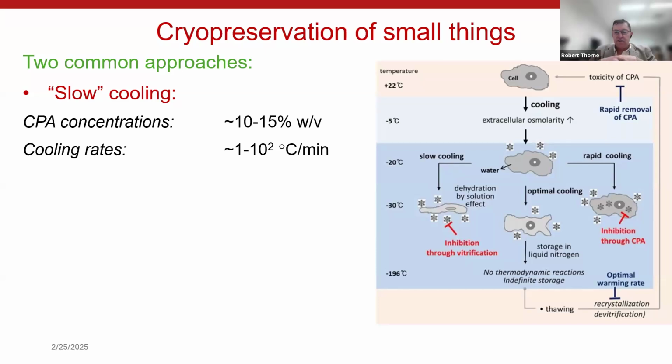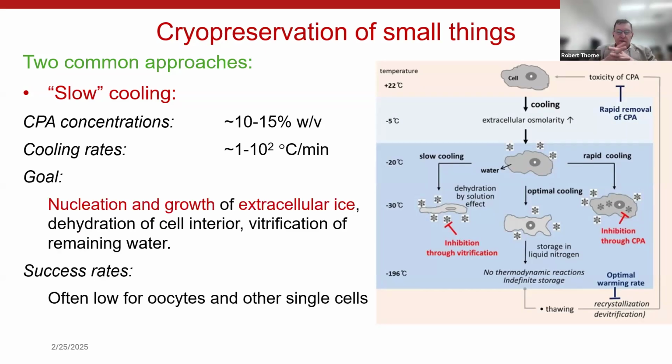And the idea is not to eliminate ice formation, but rather to have ice form in the extracellular spaces and have that ice grow so that it sucks water out of the cells, dehydrating them until the concentration of remaining water is so low that the intracellular water can be vitrified. And this works remarkably well for things like embryos, but when you get to single cells, failure rates are often too high.